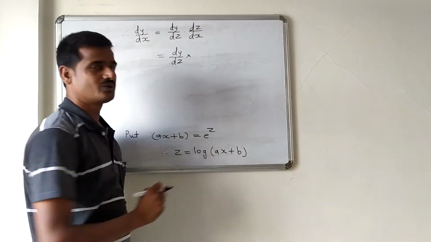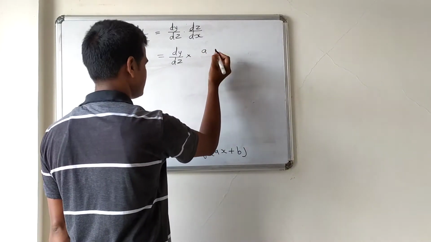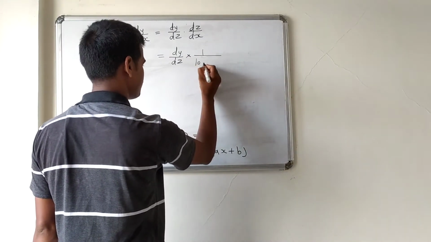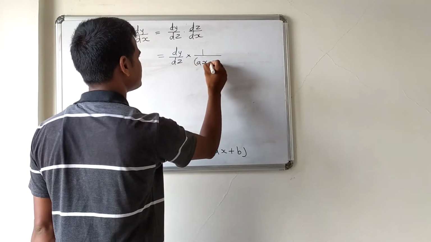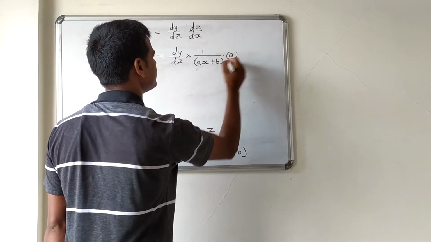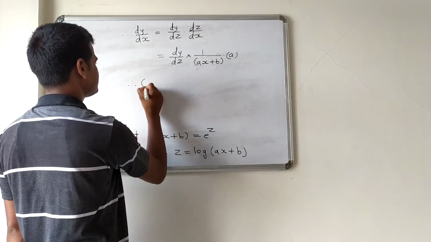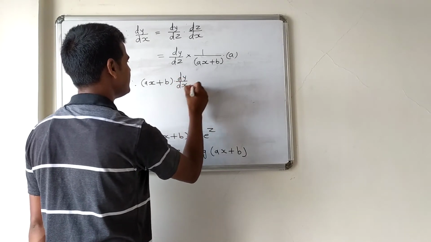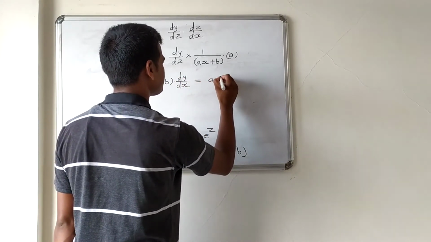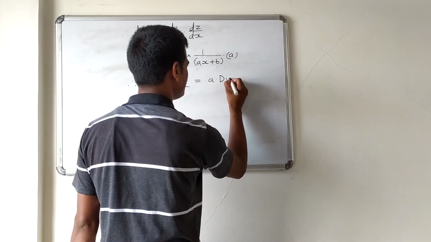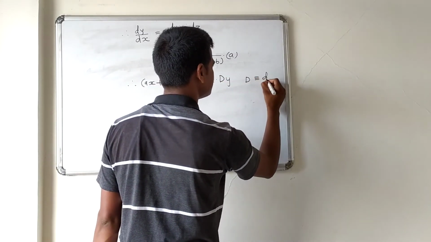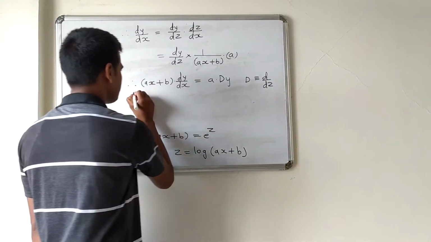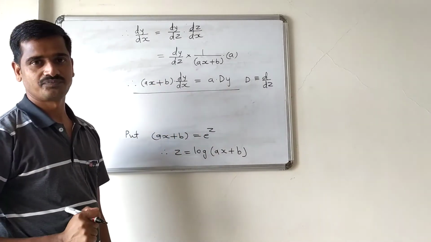Differentiation of z with respect to x is 1 upon (ax plus b) into a. So this can be expressed as (ax plus b) into dy by dx is equal to a D y, where capital D stands for differentiation with respect to z.